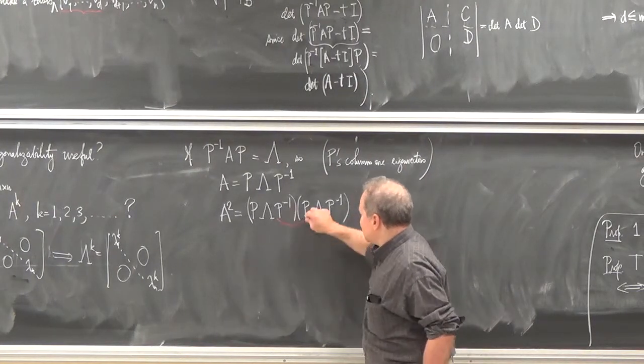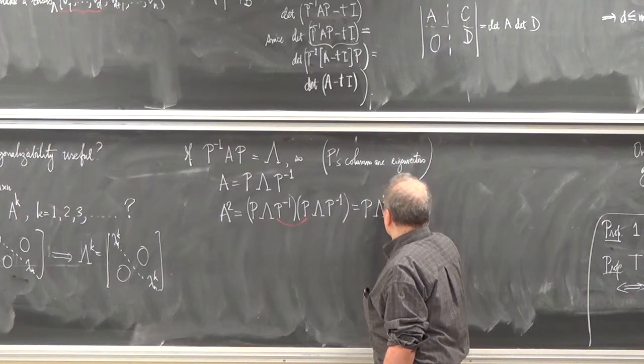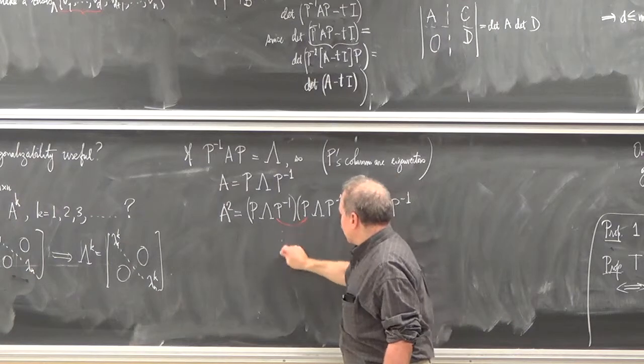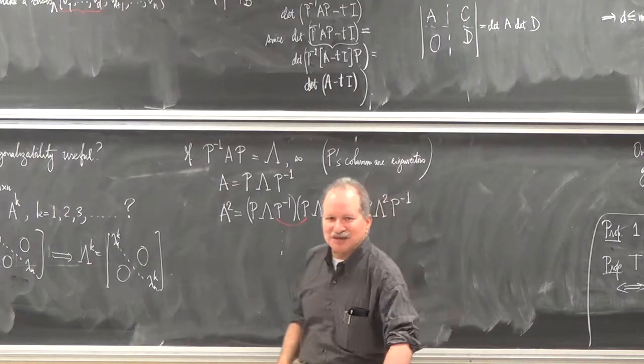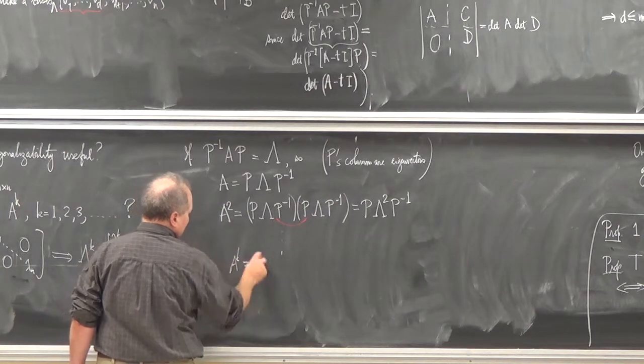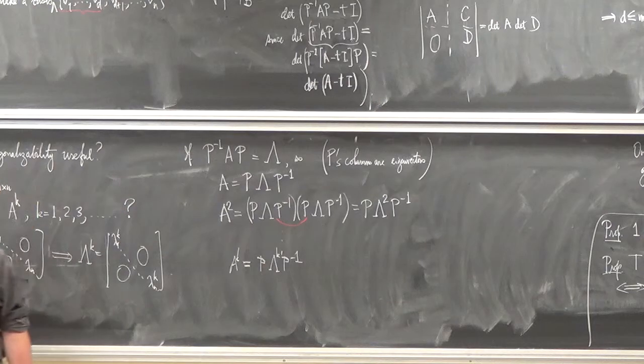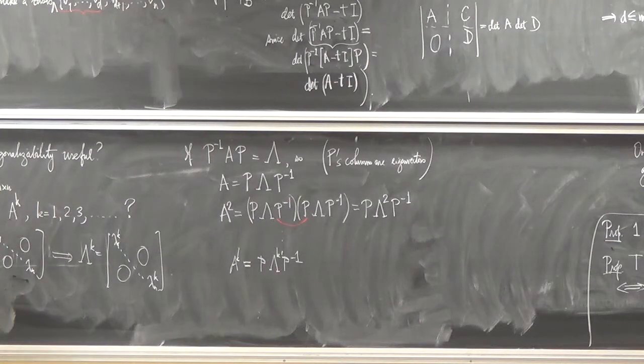These guys cancel out in the middle. And so by induction, for those of you who wish to be pedantic, A^k equals P lambda^k P inverse. Those of you who want to practice your induction proofs may do so.